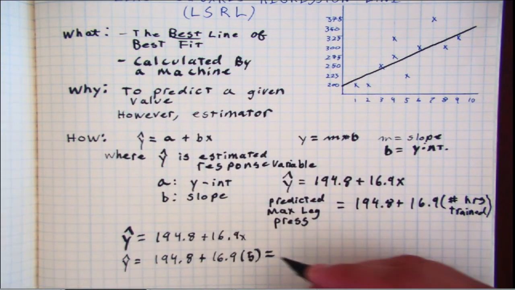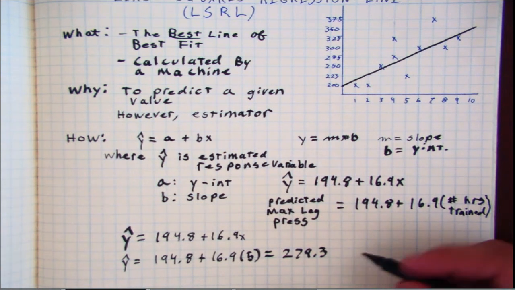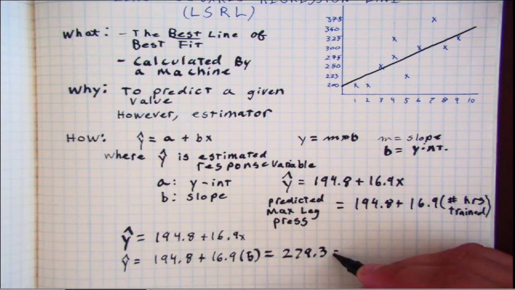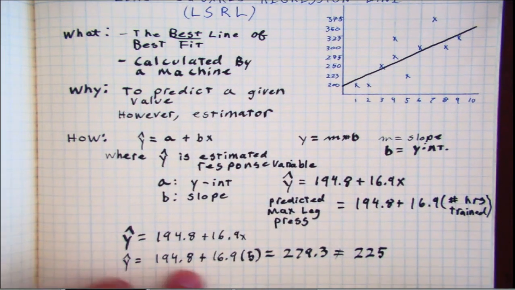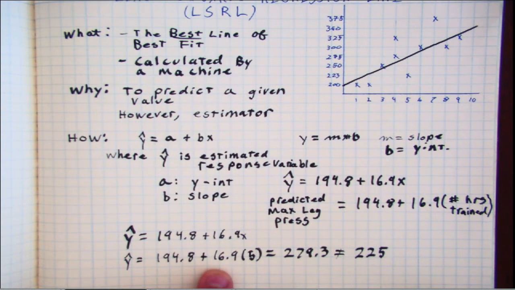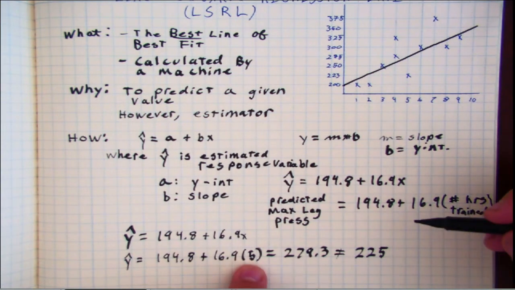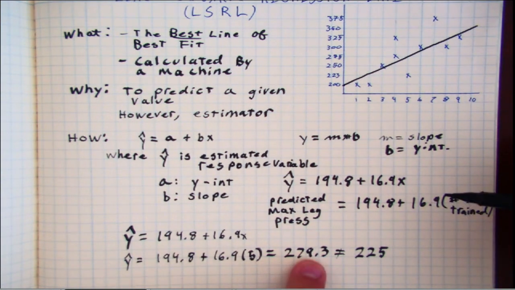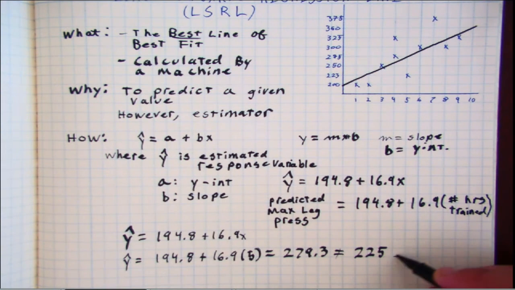So you see how that's not equal to the actual value of 225. Once again, this allows us to predict the amount of pounds on the leg press for a certain number of hours, but it's not exactly correct. You have your actual data to show you what exactly you got. This is an estimator.